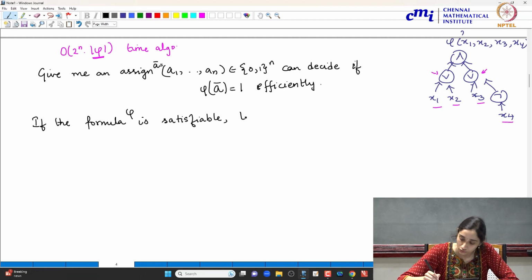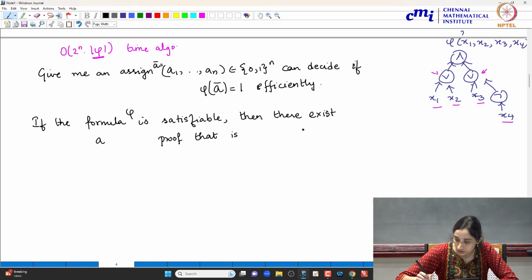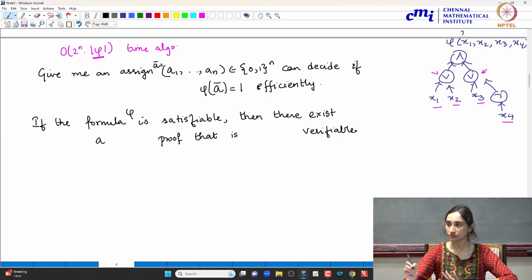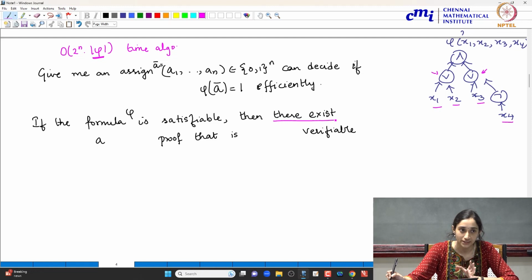If the formula is satisfiable, then there exists a proof that is verifiable. Some things to note here: there exists a proof, I don't know how to find it, but I know that one exists.